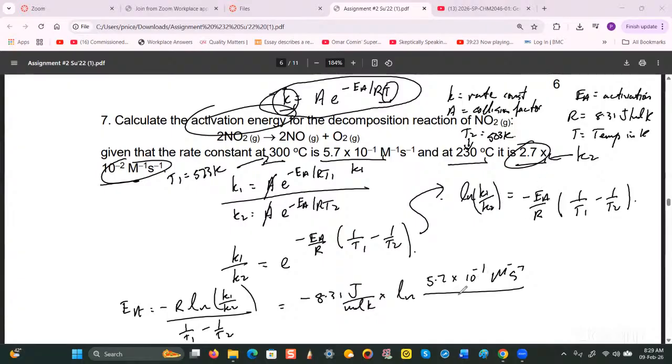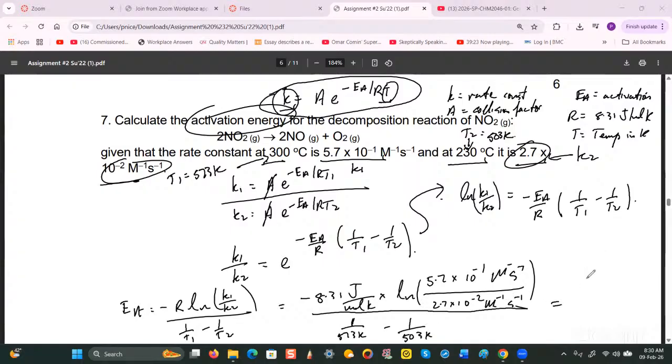What's K2? K2 is 2.7 times 10 to the minus 2, m to the minus 1, s to the minus 1, and then we divide all of that by 1 over T1, and T1 is 573 Kelvin, minus 1 over T2, which is 503 Kelvin. And that's basically the setup.